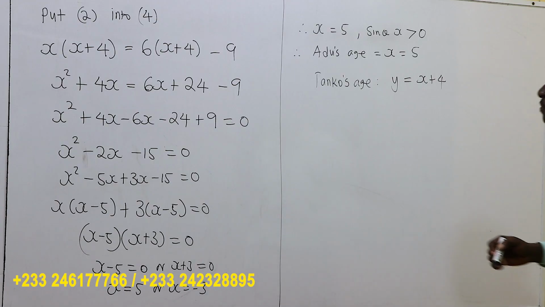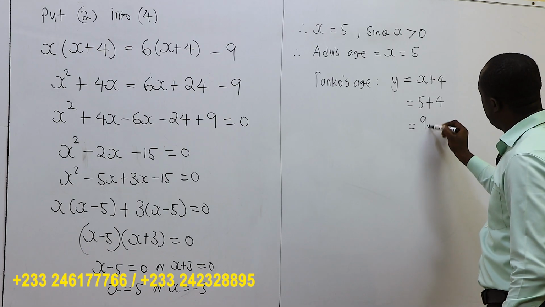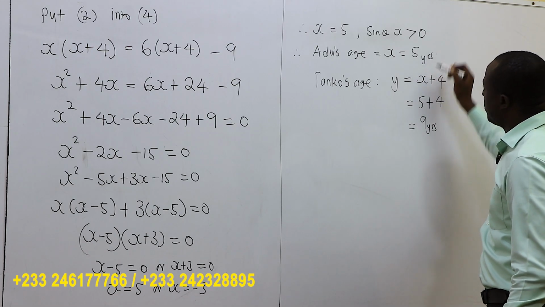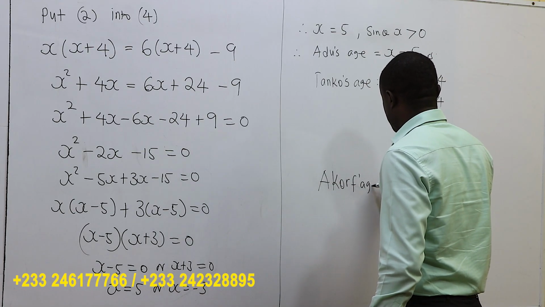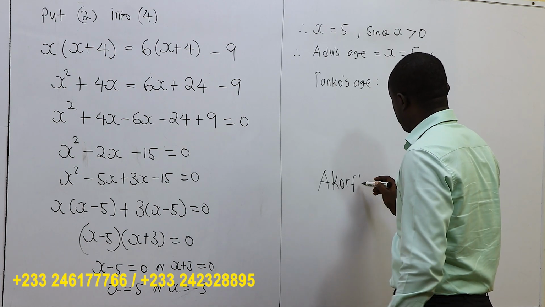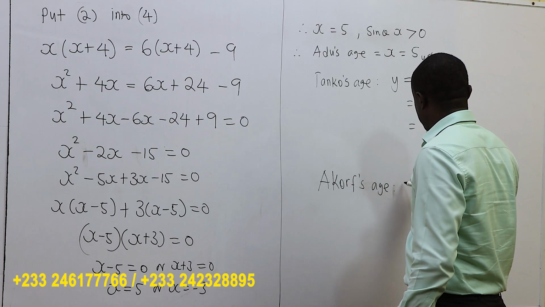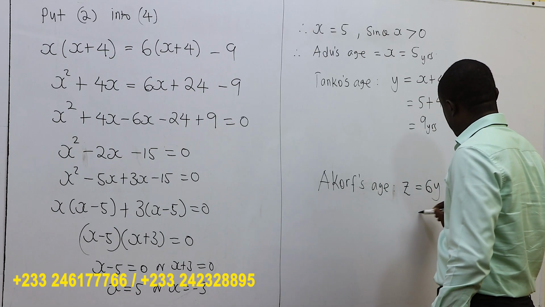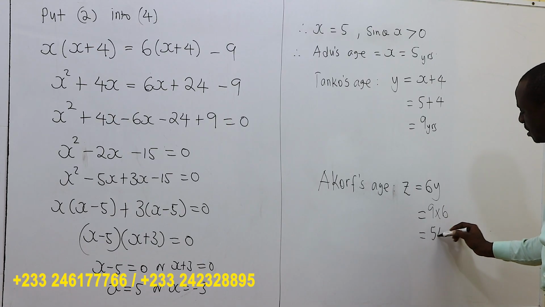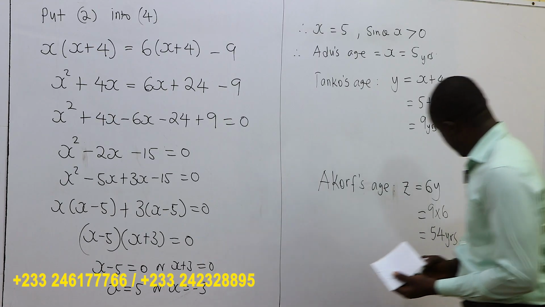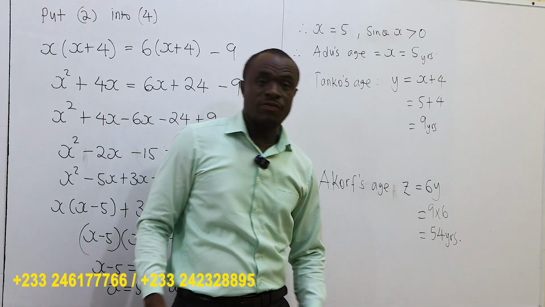What is our X? 5. 5 plus 4 is 9 years. Now, what is Akofe's age? Z is equal to 6Y, and Y is 9. So 9 times 6, and clearly this is 54 years. Wow, isn't it easy? So Akofe's age is 54 years.